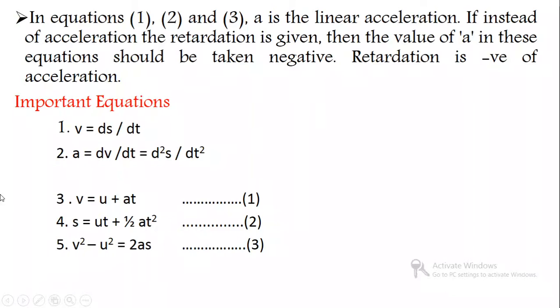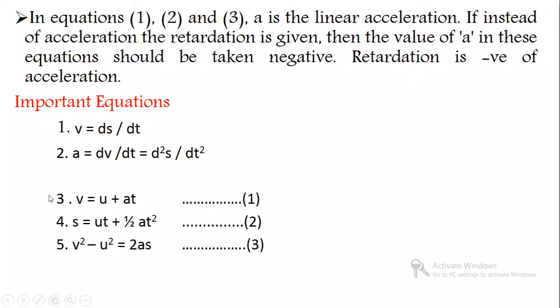Okay, so some of the important equations you have to note down. First, velocity v equal to the change in distance with respect to time, ds divided by dt, and acceleration, the change in velocity with respect to time, dv divided by dt, or else the double differentiation of the distance, d squared s divided by dt squared.